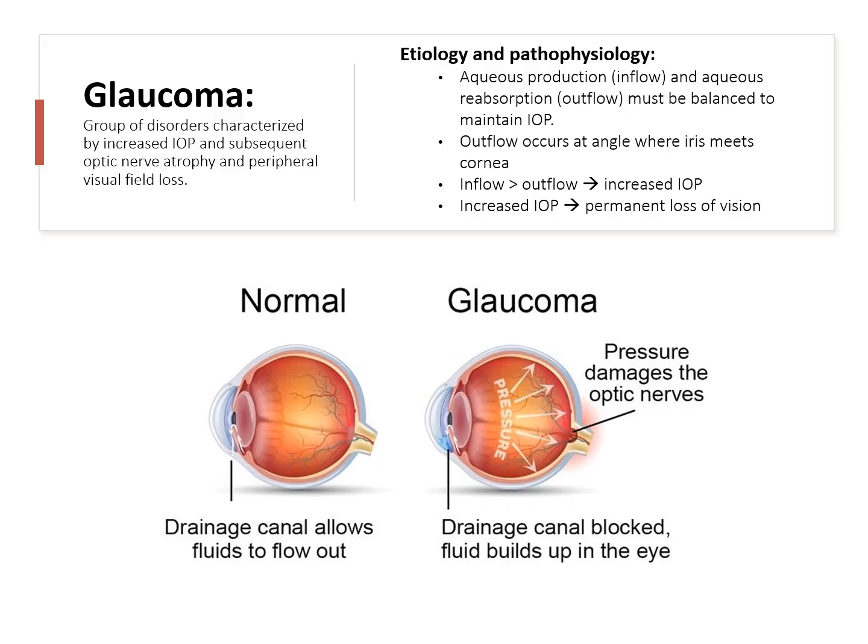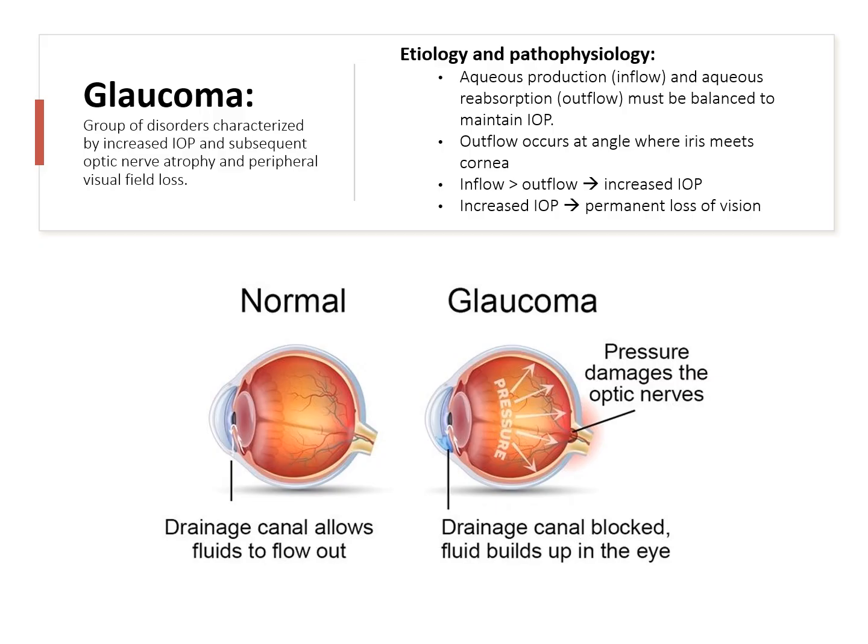So aqueous production and aqueous reabsorption must be balanced to maintain intraocular pressure. So that means that that aqueous fluid that we have inside of our eye, it's constantly at a balance. We lose some, we gain some, we lose some, we gain some, but there's always a balance. It's when that balance becomes too much, there's too much pressure, that's when we start having these issues.